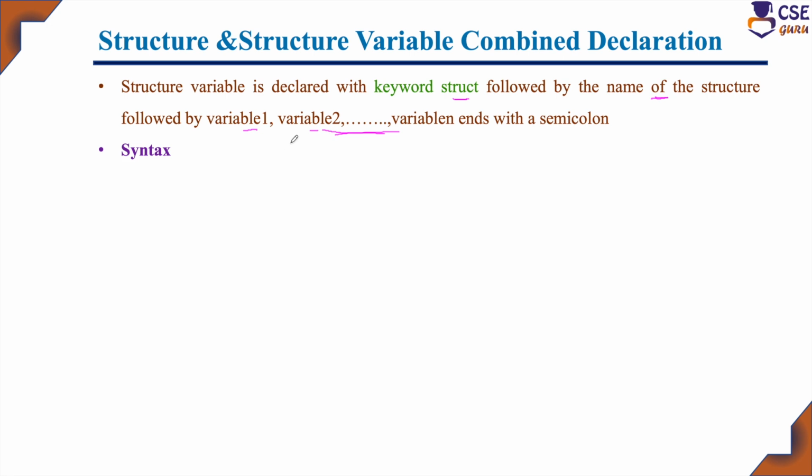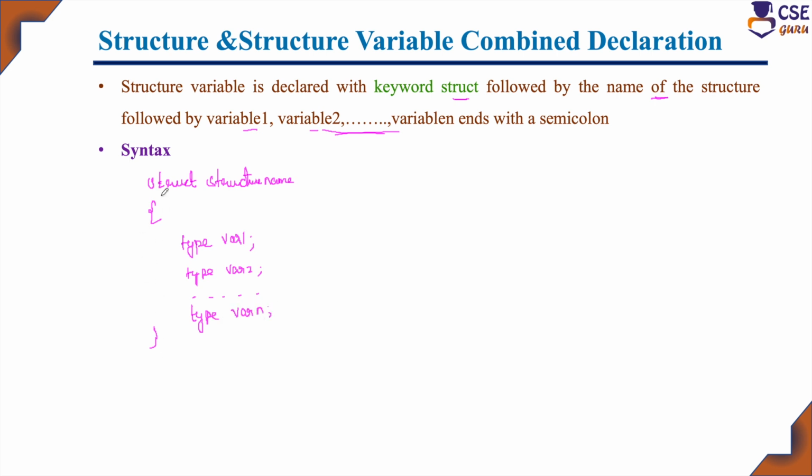So what is the syntax? Here, it should start with the keyword struct. This is the normal structure declaration. Then the structure name, and within the structure you can represent different data type elements: type variable 1, type variable 2. Likewise, any number of variables you can declare, up to variable n.